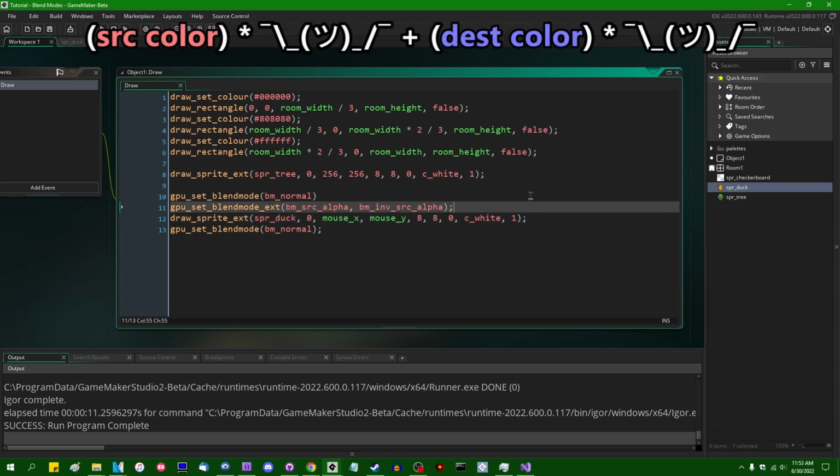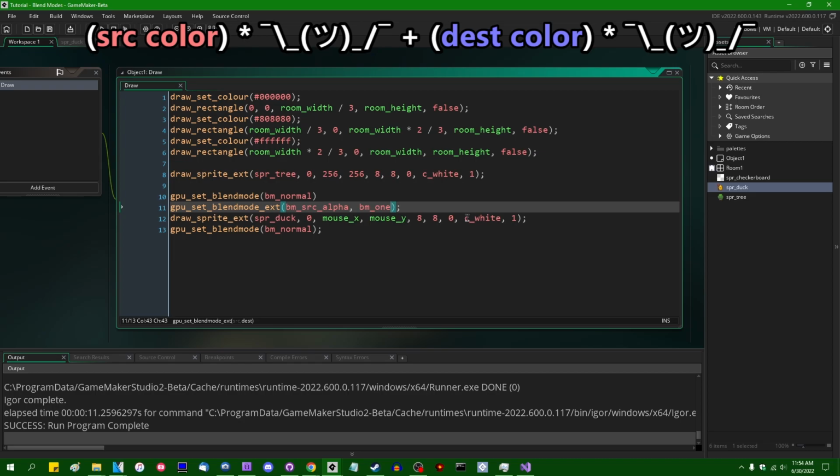So if we were to recreate the additive blend mode, we could do something pretty similar. Additive blend mode is the source color multiplied by the source alpha, so that we can account for transparency, and you add that to the destination color as it exists, and the destination color is not adjusted by the alpha of whatever you're trying to draw over it or anything like that.